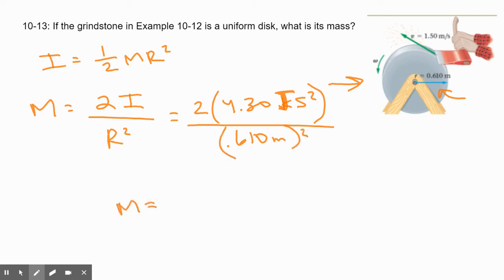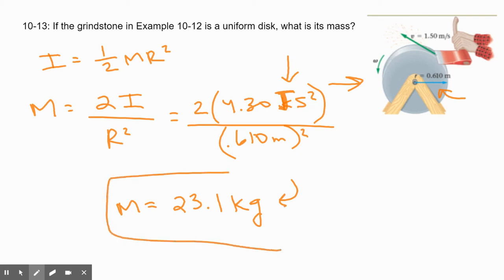So you should find that your mass is equal to 23.1 kilograms. So I guess here it would have made more sense to use the kilogram meters squared instead of joules so that you could see how I actually got this unit. Okay, so here is your answer to this problem. That was extremely easy. Okay, and we're going to work one more problem.